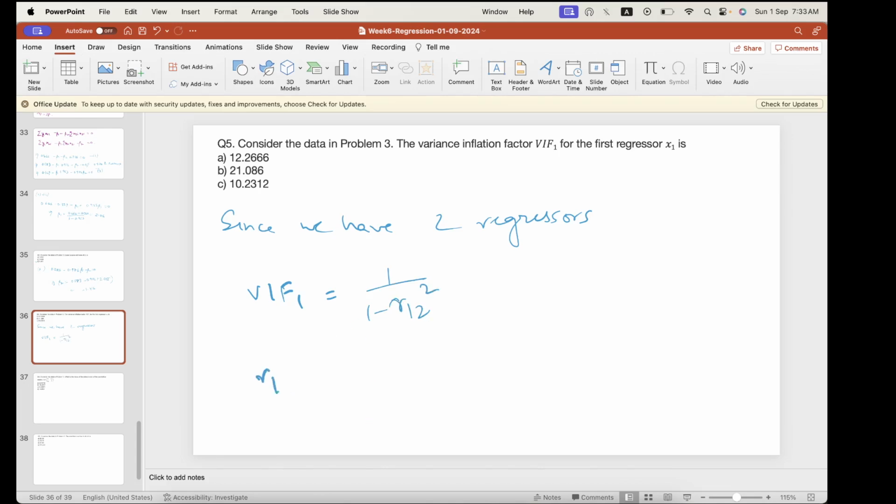Okay, now R12 is how much? It is summation x1i x2i by the square root of summation x1i square summation x2i square.